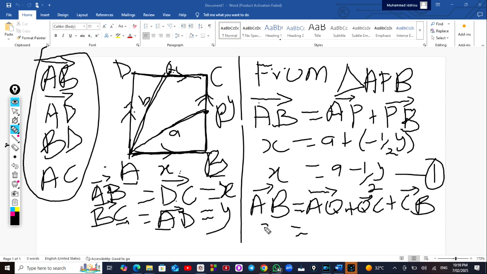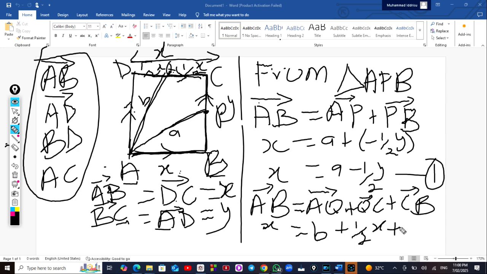And so our X is now equal to AQ, which is B, plus QC. Here is X, the entire thing is X, but since Q is dividing it, here is half X and here is also half X. So plus half X plus CB.